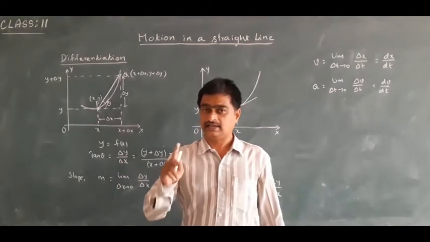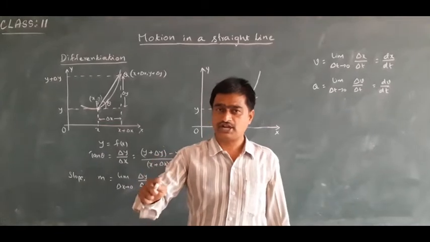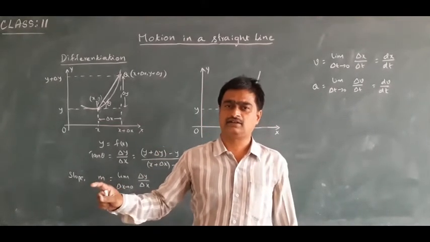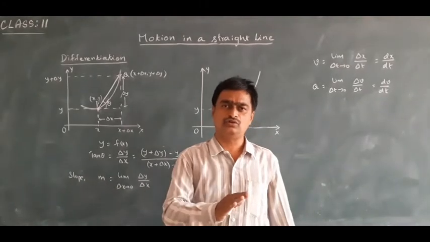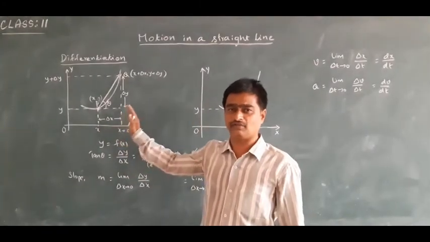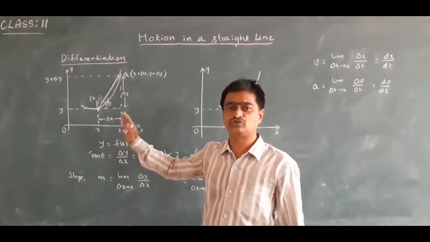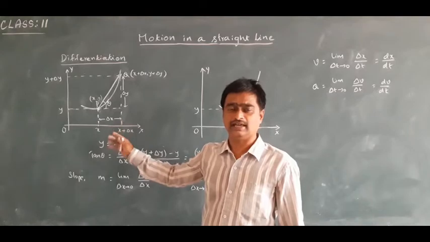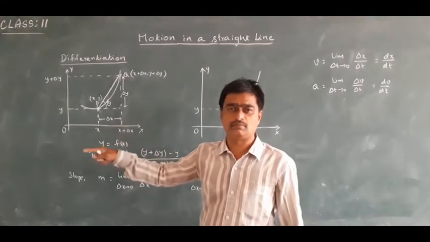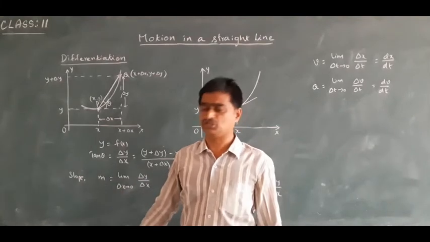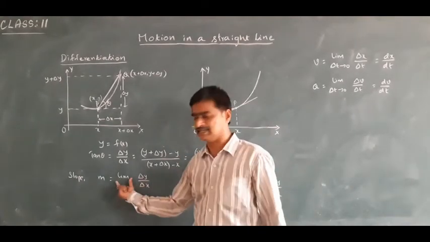It is not 0 means we should take a point immediately next to P, so close to the point P that we can treat the difference between those two points as nothing, that is 0. It is tending towards 0 but not 0. That is the concept of limit here.